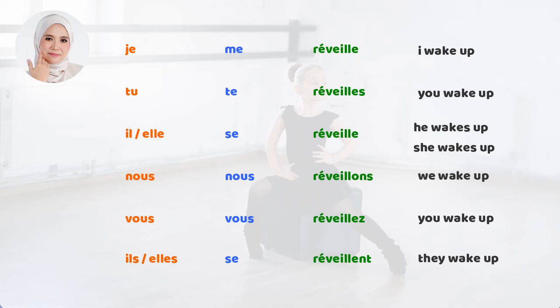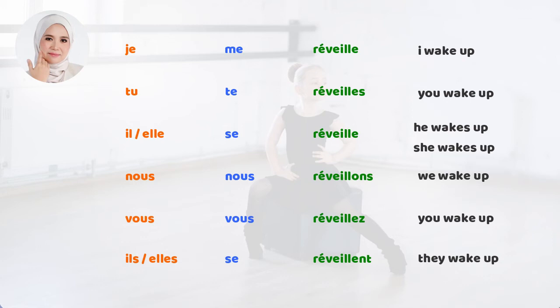Again, please take note that a reflexive verb is when you wake up, you perform the action on yourself. So se réveiller here is the reflexive verb. As you can see, the reflexive pronouns are me, te, se, nous, vous, se. Je has to agree with me. You cannot pair it with se.